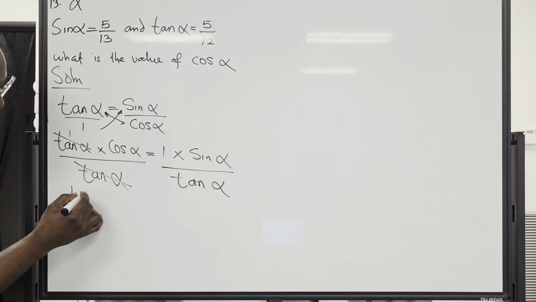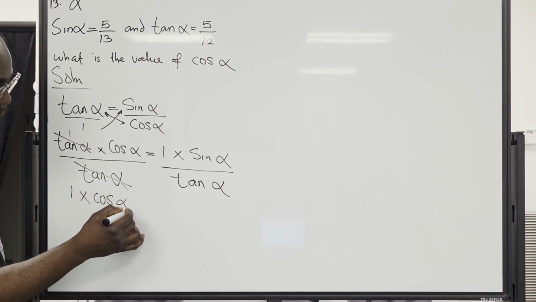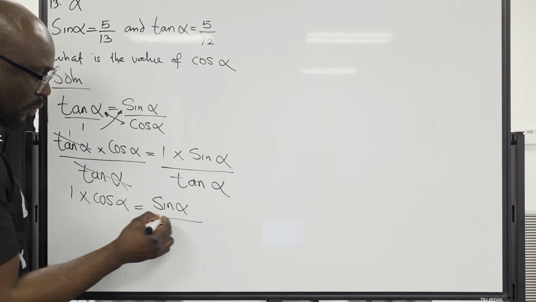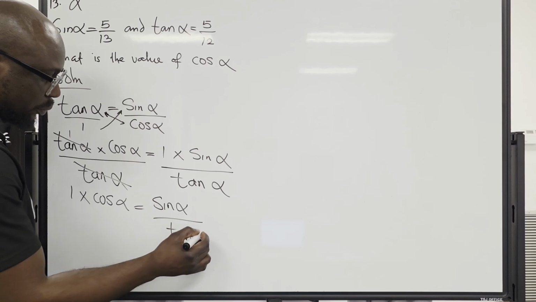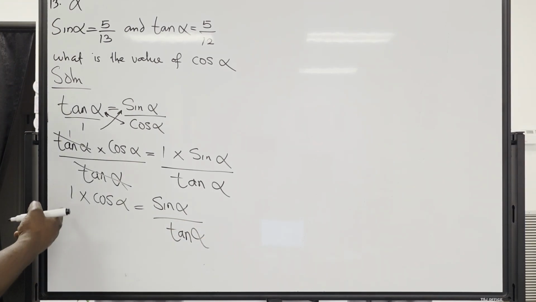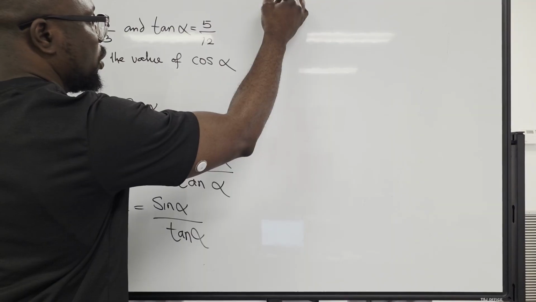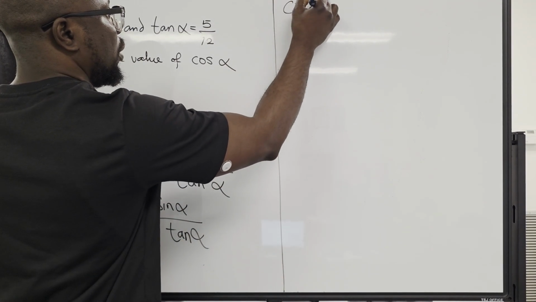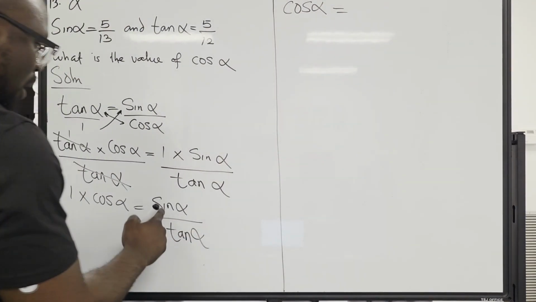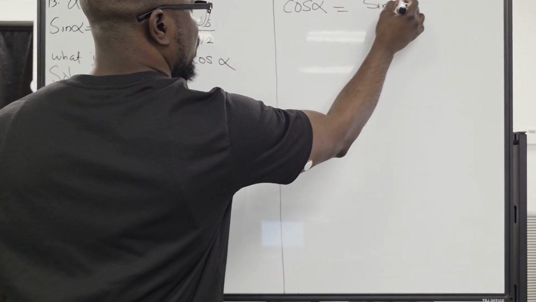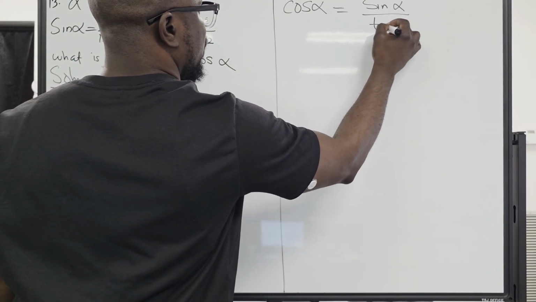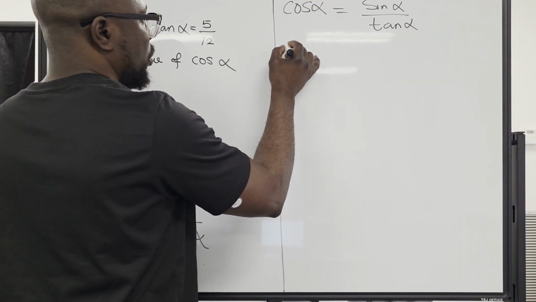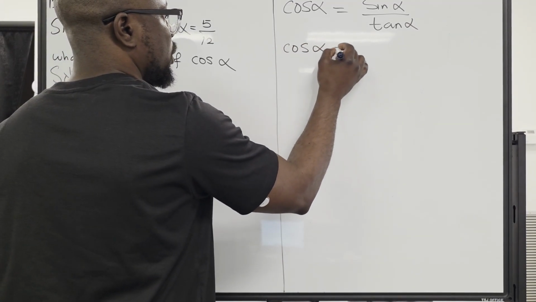So we have 1 times cos alpha is equal to 1 times sine alpha, which is sine alpha over tan alpha, right? 1 times cos alpha is cos alpha, which is what we're looking for, and sine alpha over tan alpha.